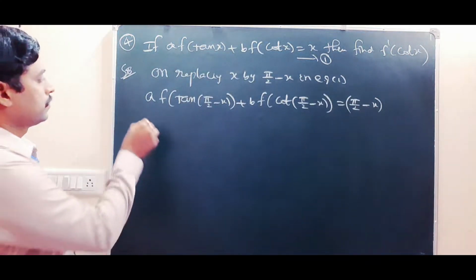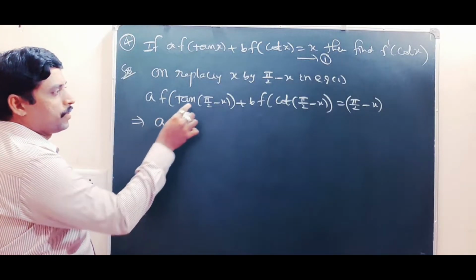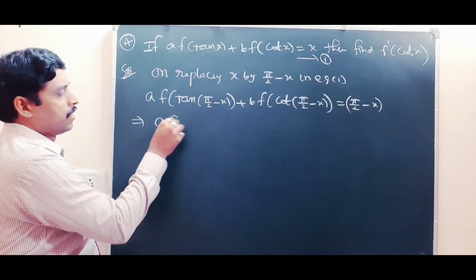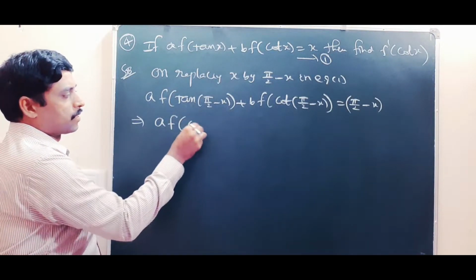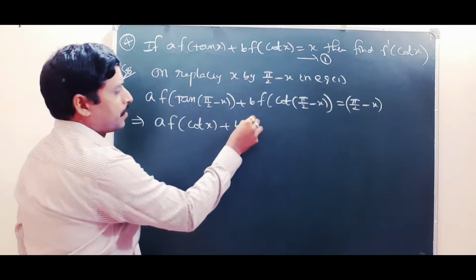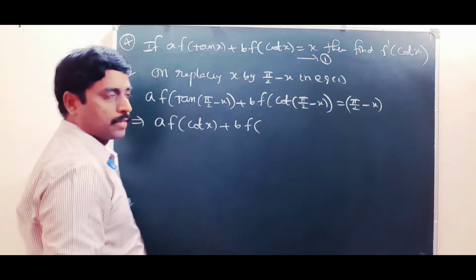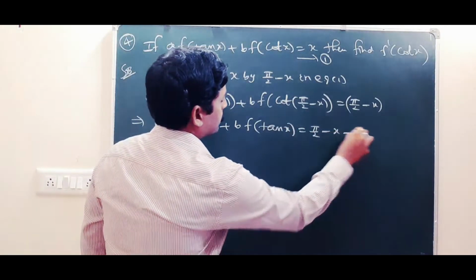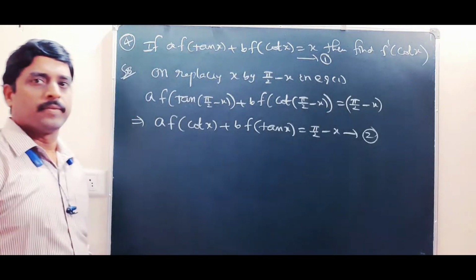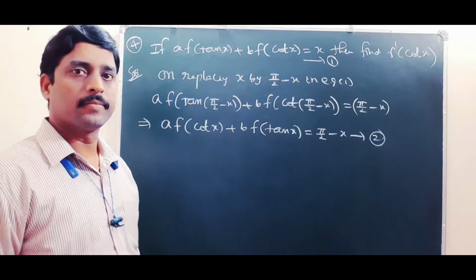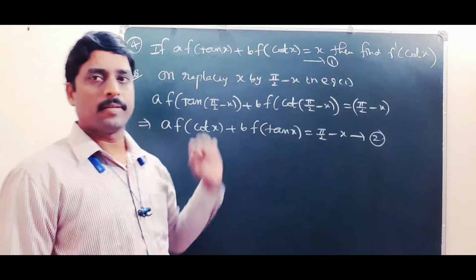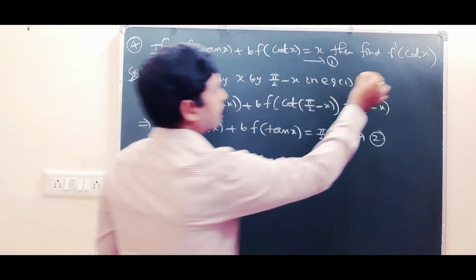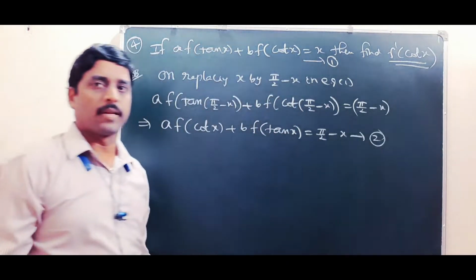So it is going to be a into f of cot x, since tan 90 minus theta is cot theta, so tan 90 minus x is cot x, plus b into f of tan x, since cot 90 minus x is tan x, equal to pi by 2 minus x. So let us take this as the second equation. Okay, from equations 1 and 2, we have to first find the f of cot x value. But our target is f dash of cot x.